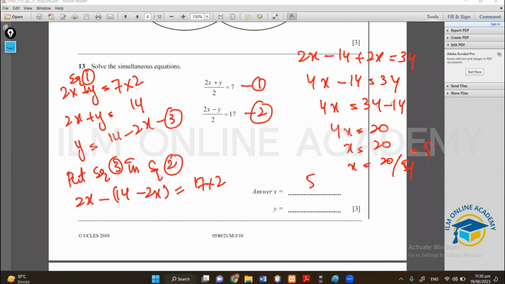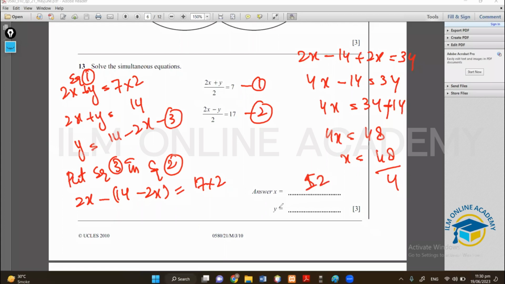And 34, okay, sorry, my bad. 34 plus 14 would be 48. 4x equals 48 and x equals 48 over 4. So the answer is 48 divided by 4 is 12. And yes, x equals 12.